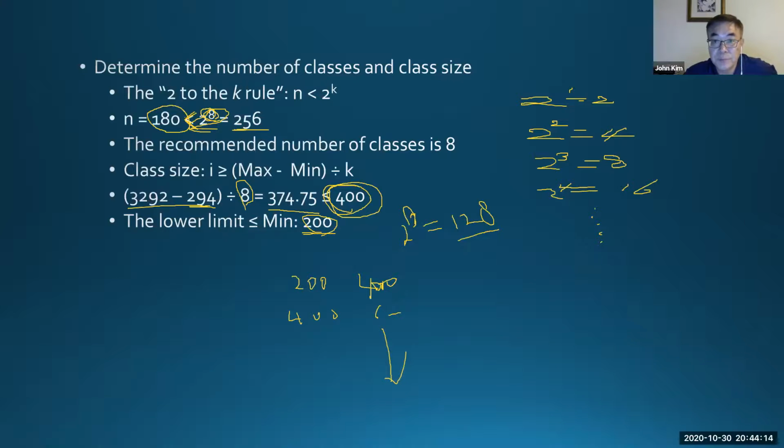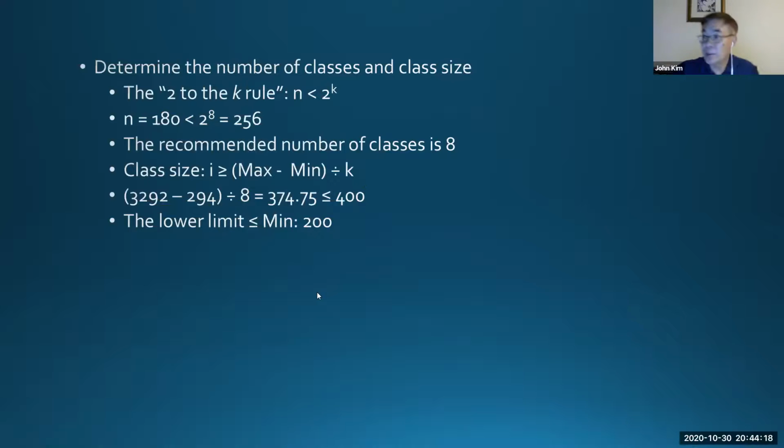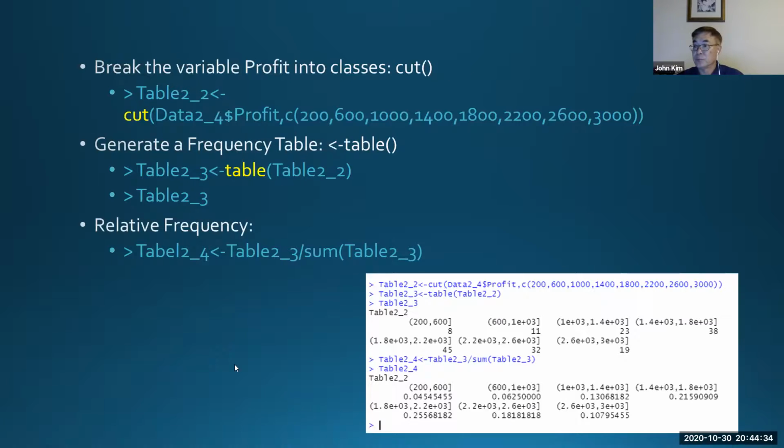So using this rule, we can cut from 200, 400, add 400, 200, 600, 1000, and so on like that. So break the variable profit into classes.